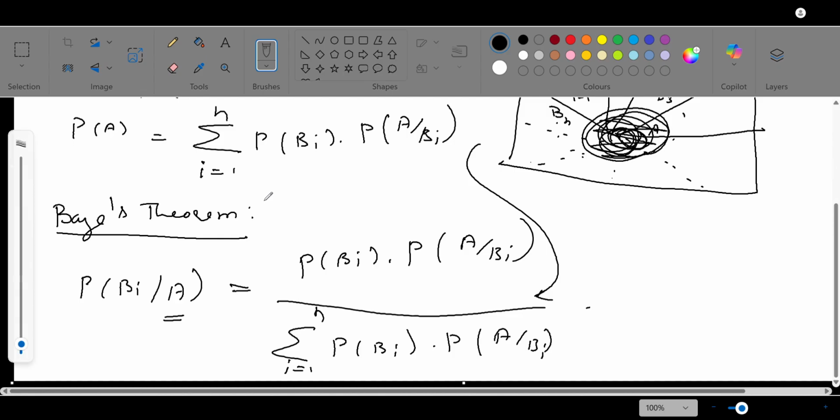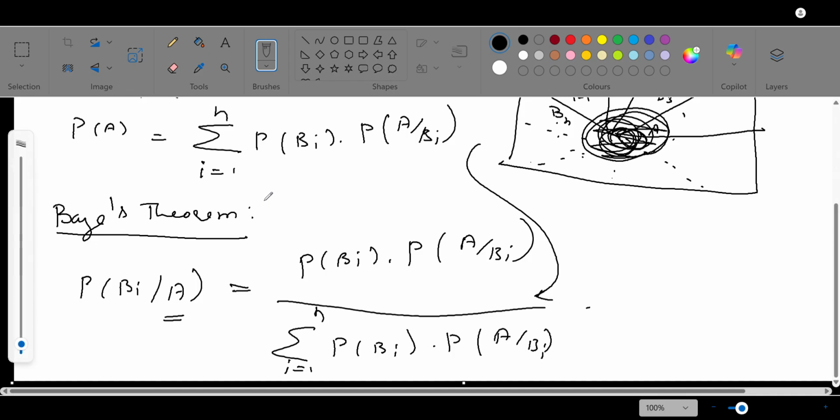Here A, B, C are the machines producing bolts. So probability of A is 25%, it is 0.25. Probability of B is 35%, so it is 0.35 in probability, and P of C, which is also given as 40%, is 0.40 in probability.